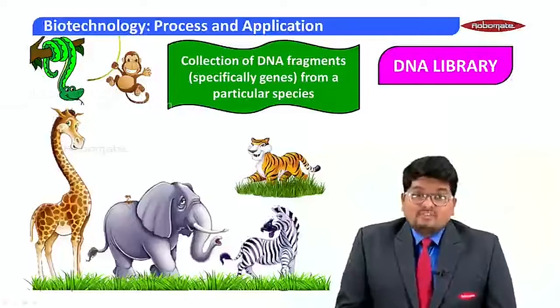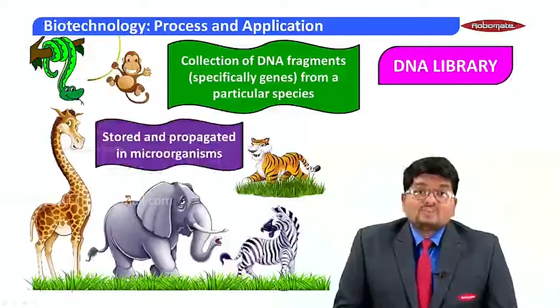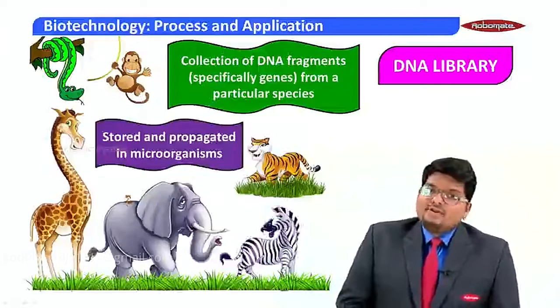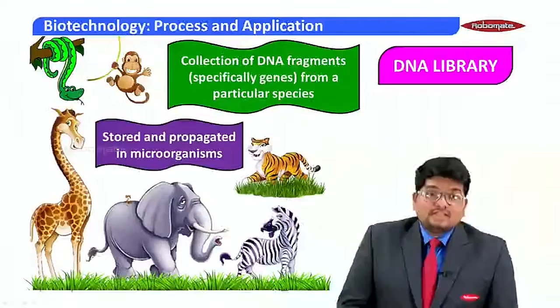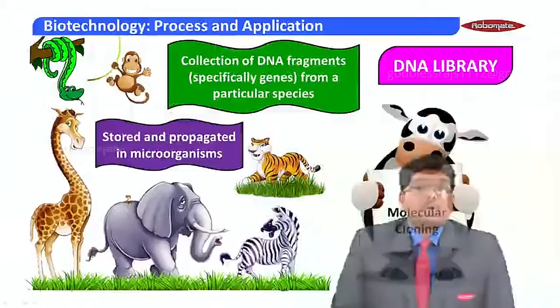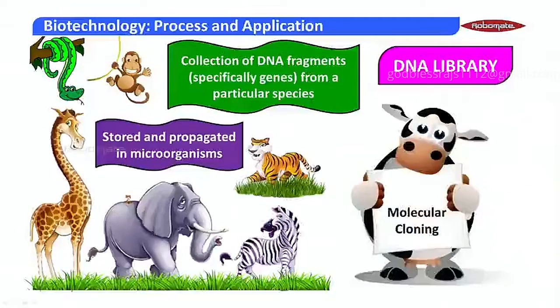And what is done with the DNA? They are stored and propagated in microorganisms, by the method of molecular cloning. So DNA library is the collection of DNA fragments from a particular species that is stored and propagated in microorganisms through the process of molecular cloning.